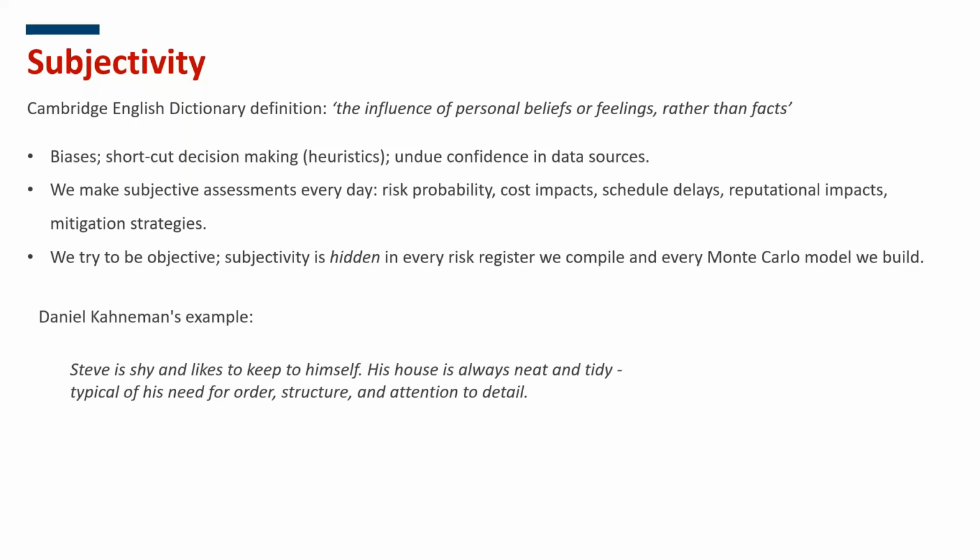His house is always neat and tidy, typical of his needs for order, structure, and his attention to detail. So given the information that you've been provided with there, do you think he's more likely to be a librarian or a farmer? So most people, when asked this question, and I think they were asked on the street, they were kind of stopped, they weren't anticipating it. They responded that, yeah, he sounds to me like a librarian.